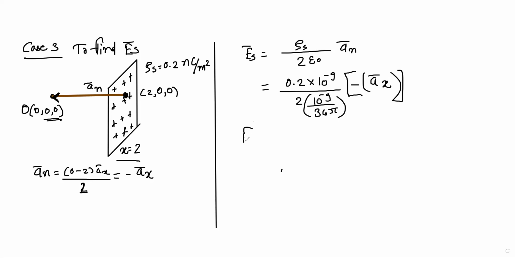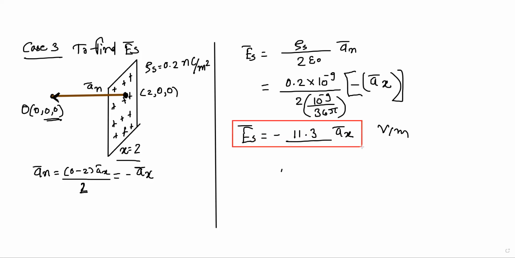You just calculate. E S bar is equal to, calculate this. 11.309, so 11.3, I can say. So you got the last component. Volts per meter is the unit. So you got the last component of this, it's minus 11.3 a bar x.